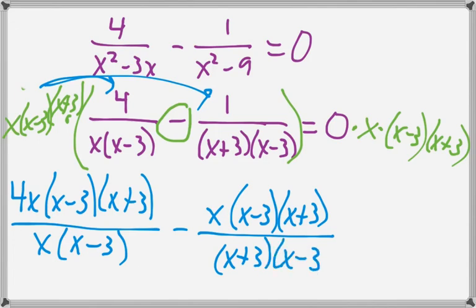Remember that we're multiplying by all of this stuff over 1. That's why our denominator is not changing, because we multiply the numerators together and we multiply the denominators together and we get what we started with in the denominator since we're multiplying by 1. Now we're multiplying the right side by this same stuff, but the right side was 0, so it's still going to be 0.